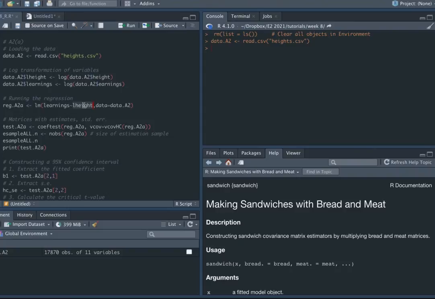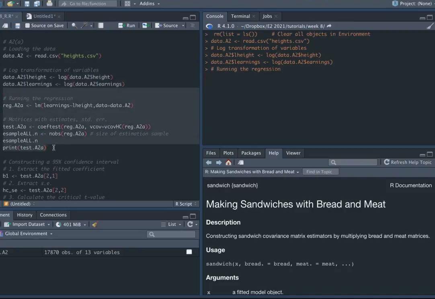So do this regression only using the men in the sample, and do the same regression only using the females in the sample. Let's do that. So here we're transforming the data, because we have height, we're making log height. Let me run this. Good. And then we are running the regression.